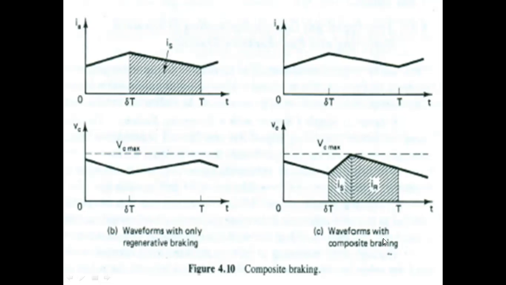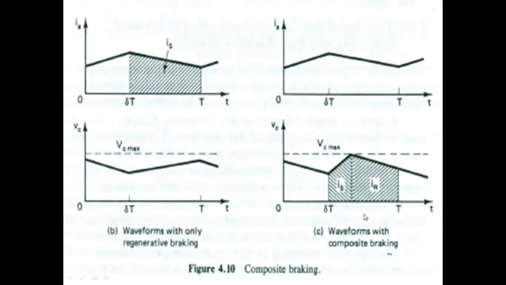The waveforms of the motor armature current and filter capacitor voltage are seen here. This is the figure of motor armature current, and the second figure is filter capacitor voltage.